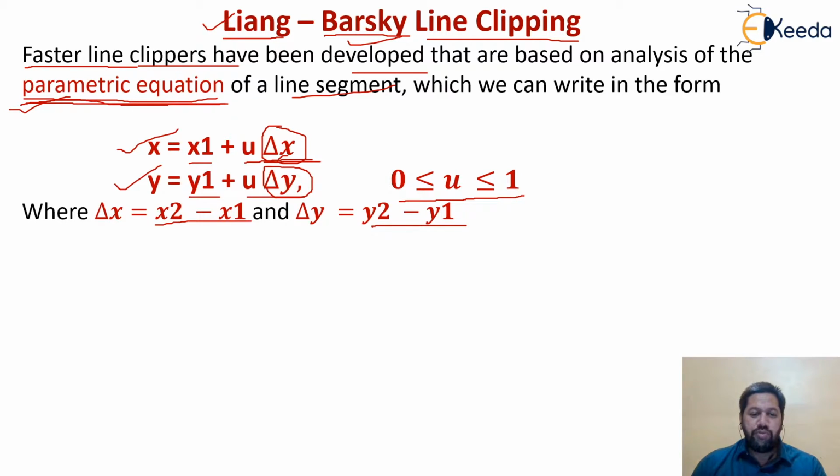The starting point of the line has the value x1, y1, and the end point of the line has the value x2, y2. So we use delta x as x2 minus x1 and delta y as y2 minus y1, which indicate the displacement in the x and y directions.